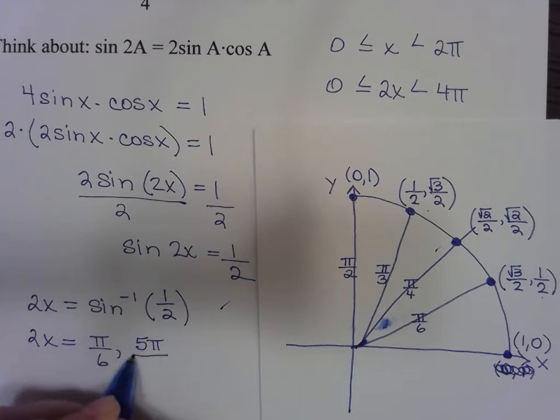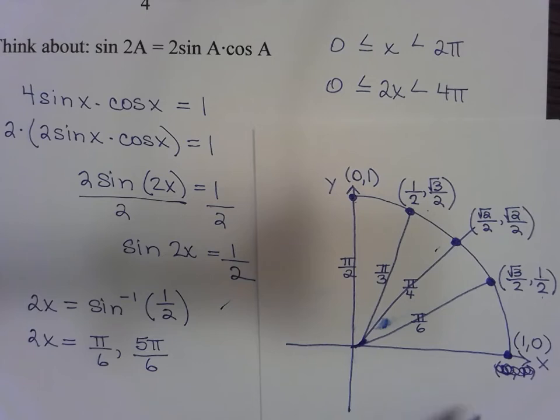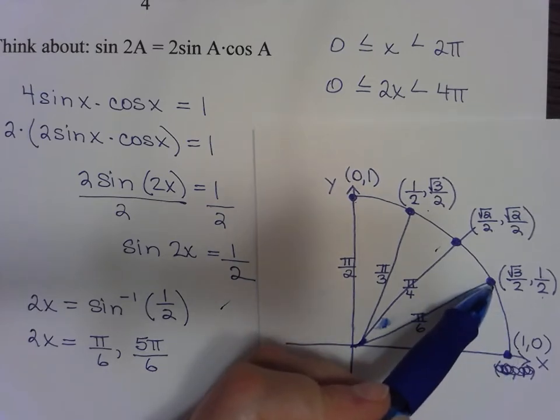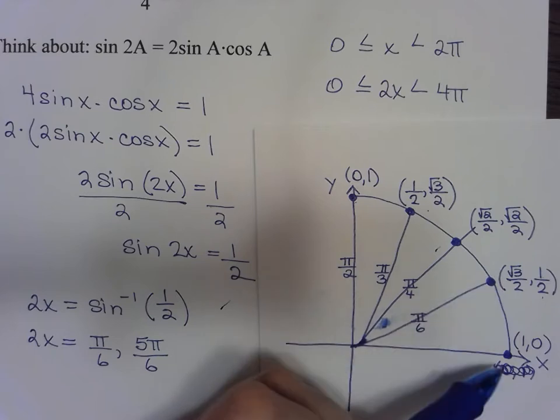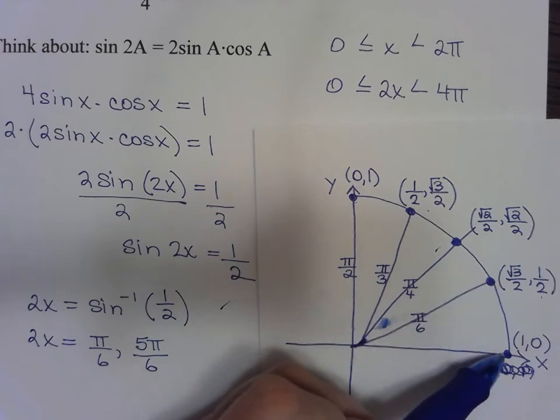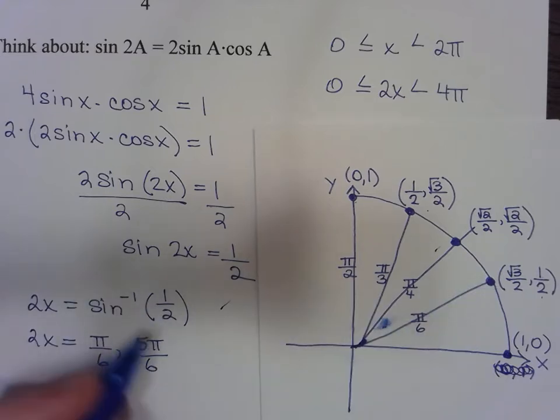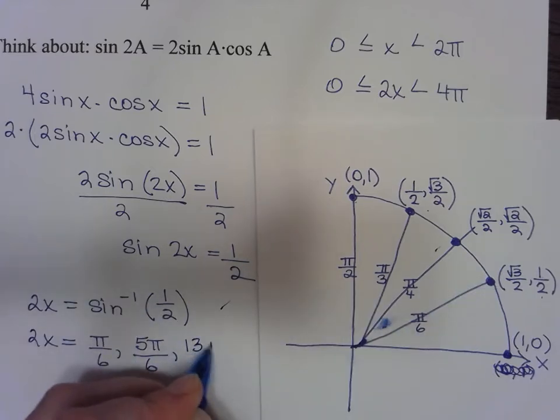That would have a positive sine value. Quadrant 3 is going to have a negative sine value. Quadrant 4 is going to have a negative sine value. Then we're back to quadrant 1 in the second go around. So 2 pi here would be 12 pi over 6, so this one more than that would be 13 pi over 6.